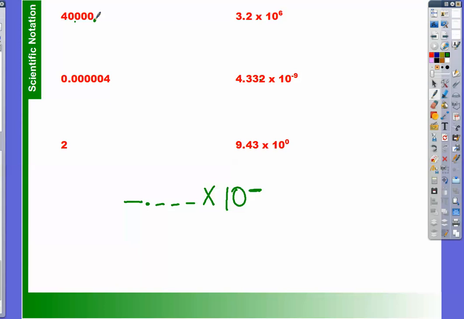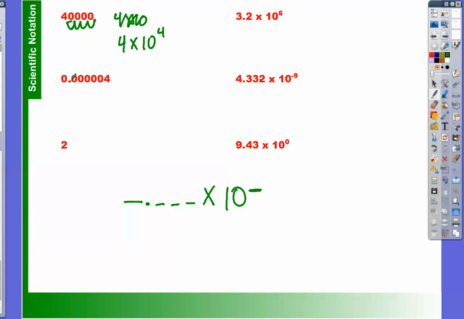So to move the decimal place 1, 2, 3, 4 spaces, we say 4 times 10 to the 1, 2, 3, 4.